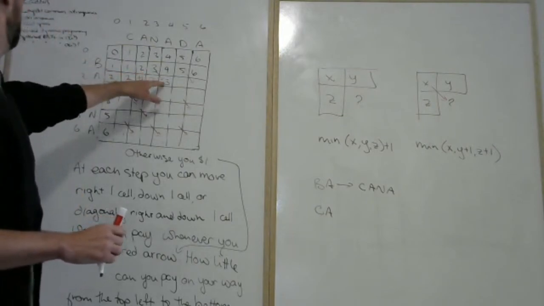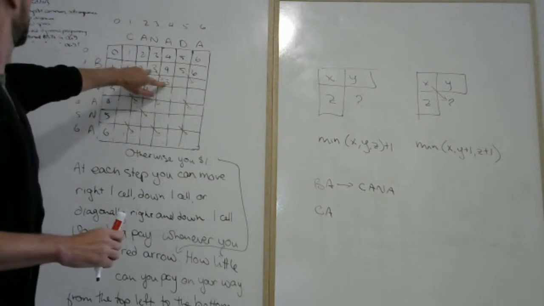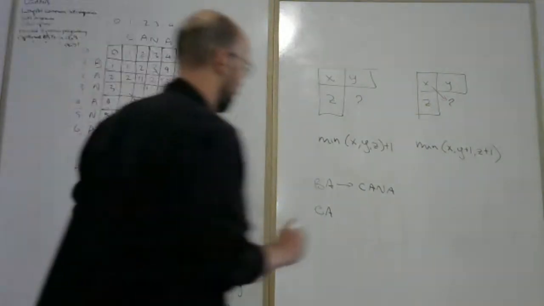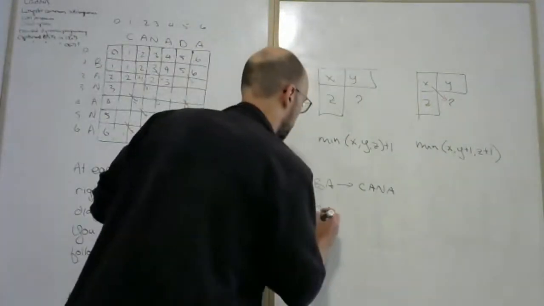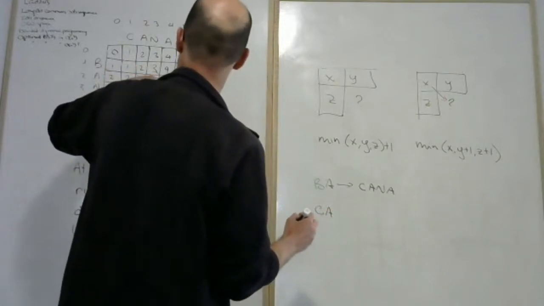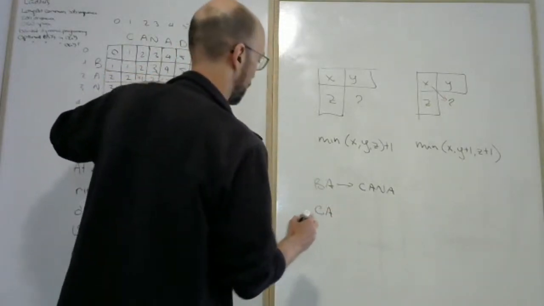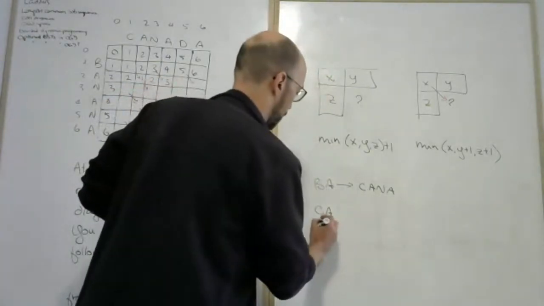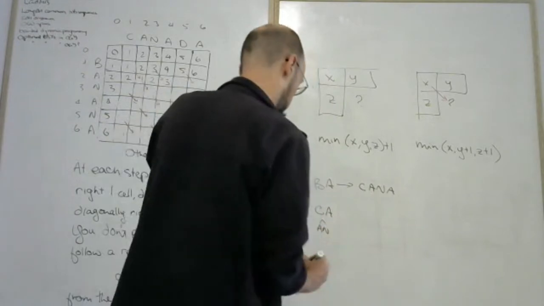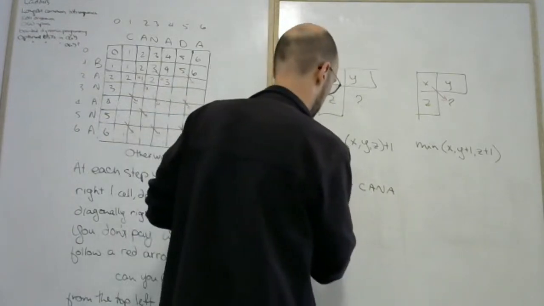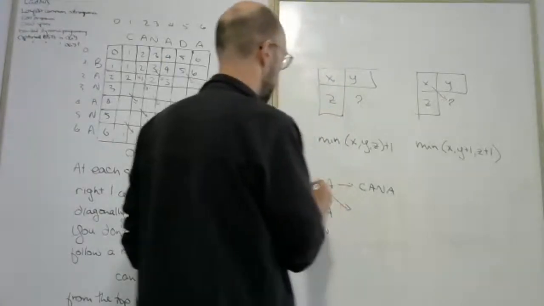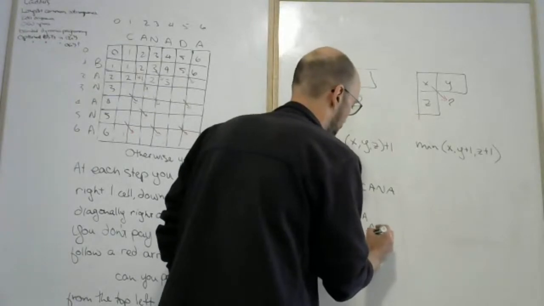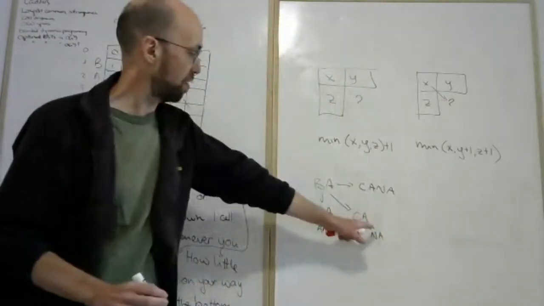So I have the option of either changing B into CAN, or it's either I leave it like this and insert AN, or I can take BA and change it to CA and then add NA on the end, right?